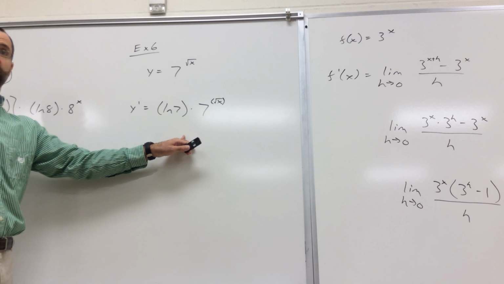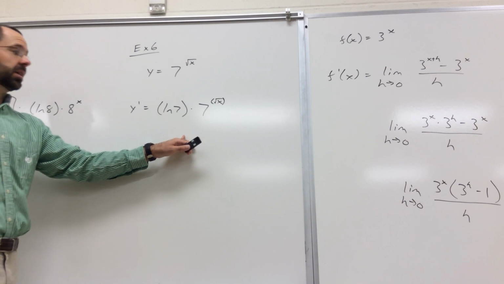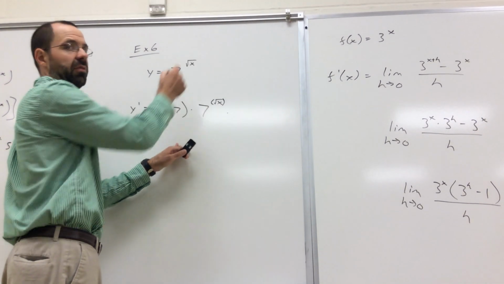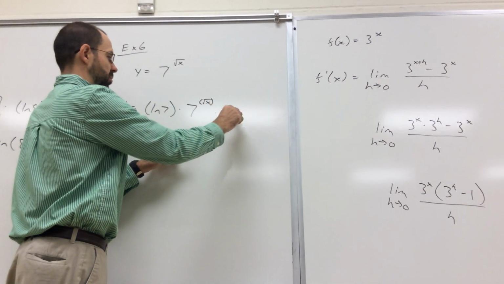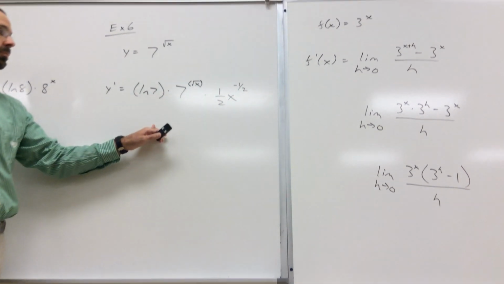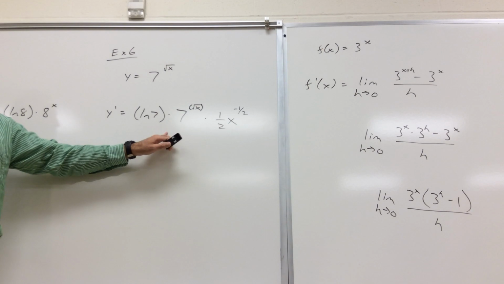So now we're done with the first 2 steps of the chain rule. And then we need to multiply by the derivative of the inside. So we have to take the derivative of square root x. So that's 1/2 x to the -1/2. Is everybody okay with that?